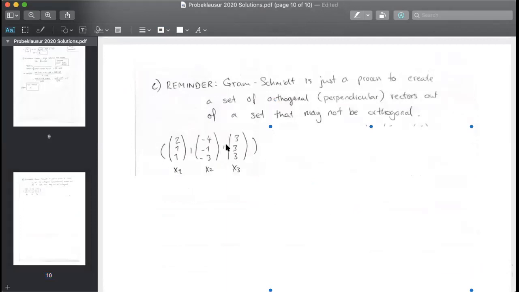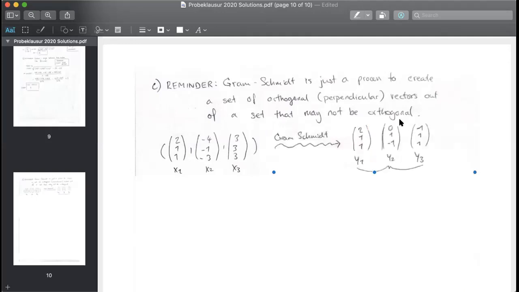What's Gram-Schmidt? It's an algorithm, a process to create a set of orthogonal vectors out of a set of vectors that may not be orthogonal. Orthogonal means perpendicular, 90 degrees. So these vectors might not be at 90 degrees to each other. We need to make them 90 degrees to each other, so we need to find this set right here, which is at 90 degrees to each other.